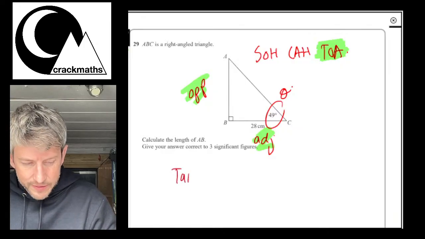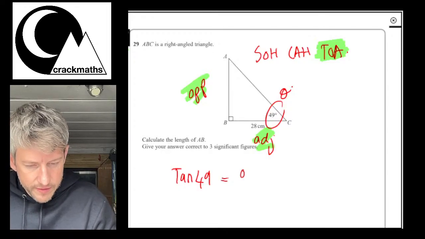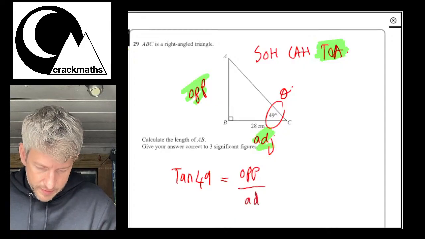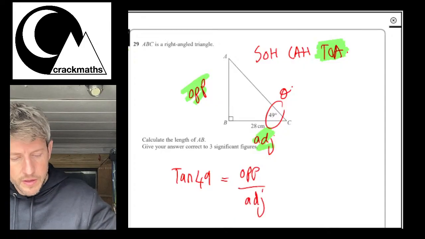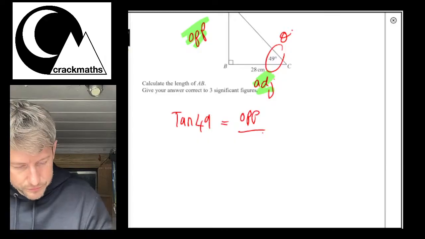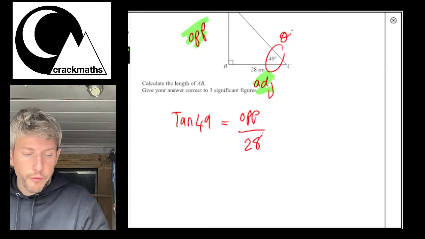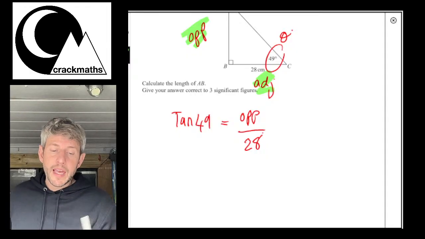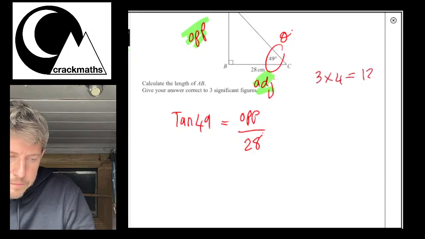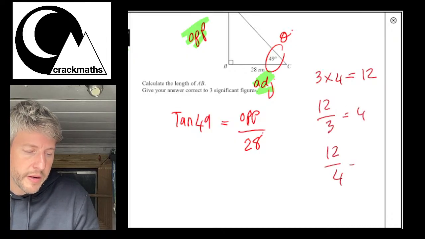So I know that tan 49 equals the opposite, which is what we want, divided by the adjacent. The adjacent is 28. The way that I rearrange this is that if you have 2 things multiplied together, so let's say 3 times 4 equals 12, then 12 over 3 equals 4, and 12 over 4 equals 3.